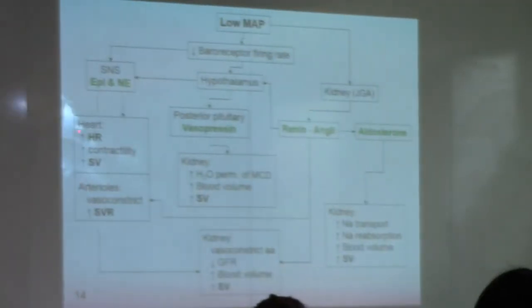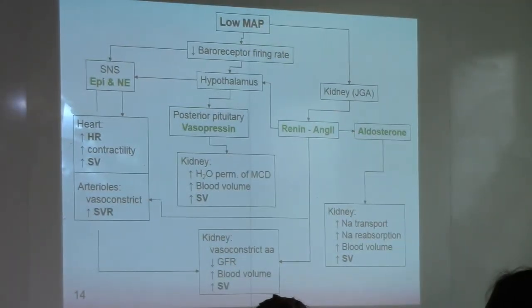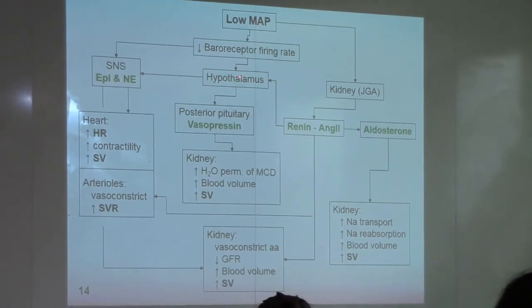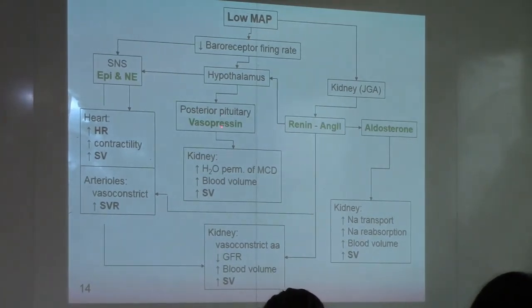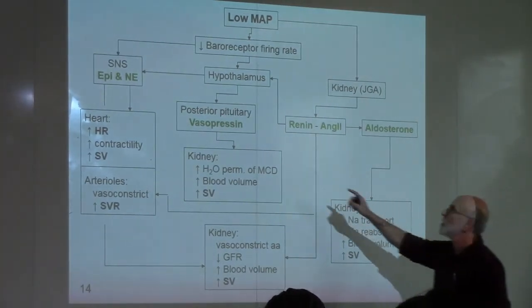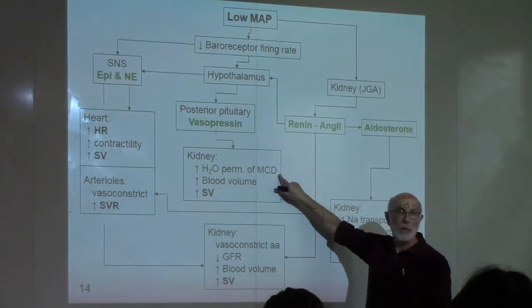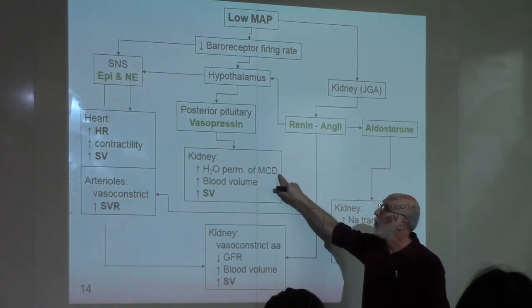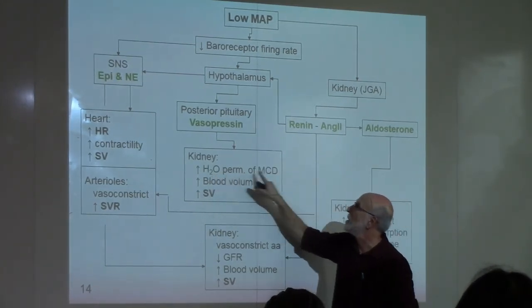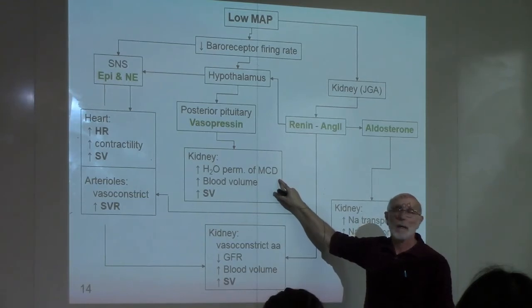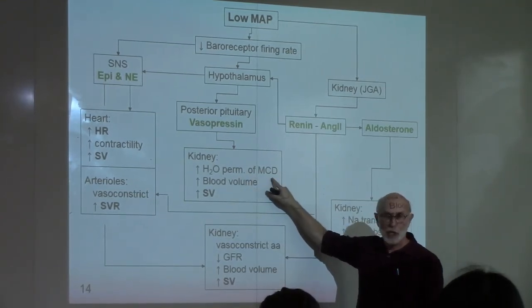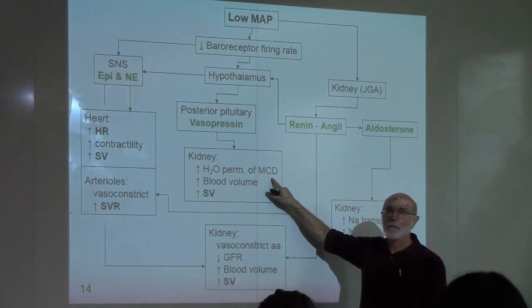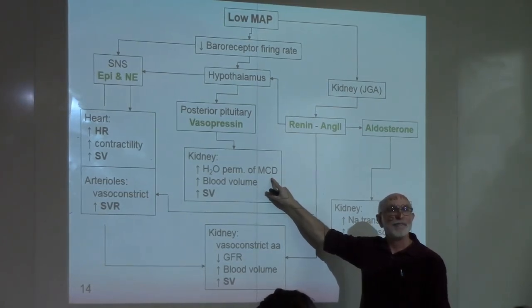Okay, so now this part of the story has been unpacked. Let's go straight to vasopressin. Right, the hypothalamus, the posterior pituitary releases vasopressin. What does vasopressin do? Let's unpack this term. What are we talking about? What do these abbreviations mean? Water permeability of medullary collecting duct. What receptor?